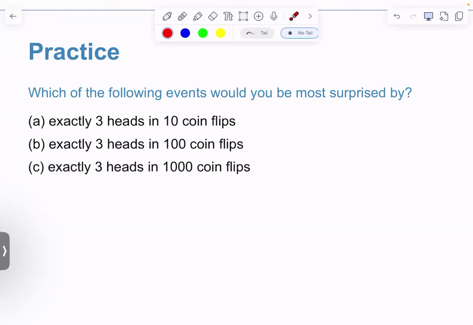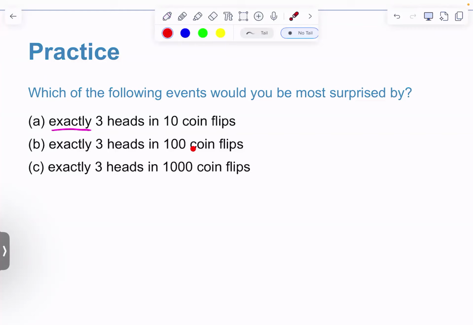So in terms of probabilities, which of the following events would you be most surprised by? Now, the problem, maybe, is that all of these start with exactly 3 heads. Exactly 3 heads in 10 coin flips, I wouldn't consider strange at all. It's pretty normal.